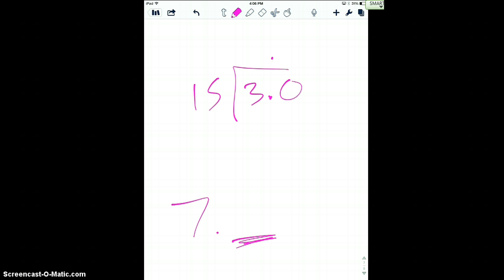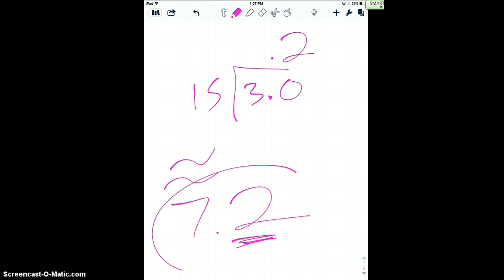This one's nice. 15 goes into 30 perfectly, twice. So we're going to say that this is approximately 7.2. And there we are. We approximated an irrational root to the nearest rational tenths place of 7.2. So that is my hypotenuse of that right triangle.